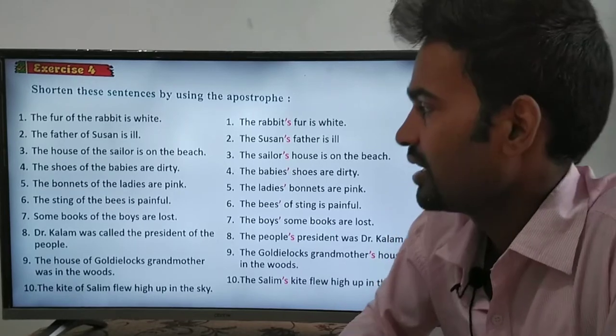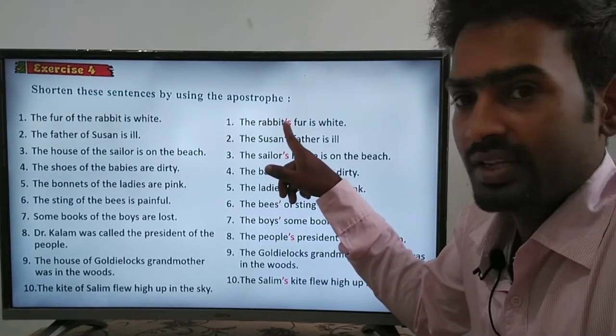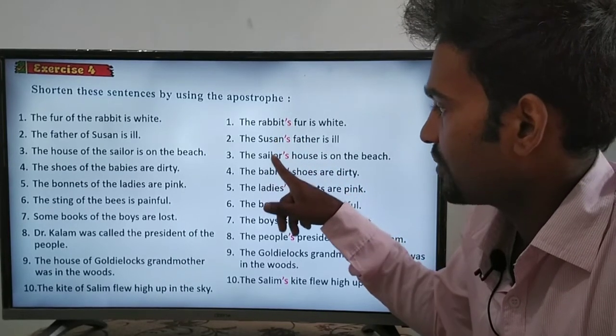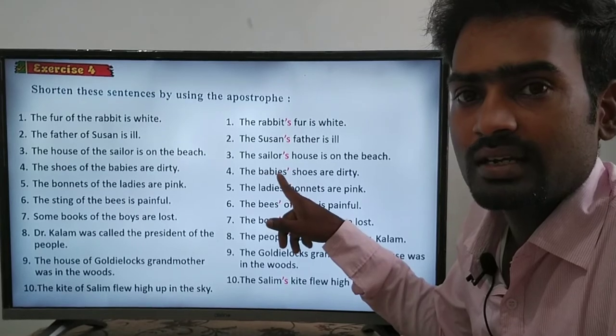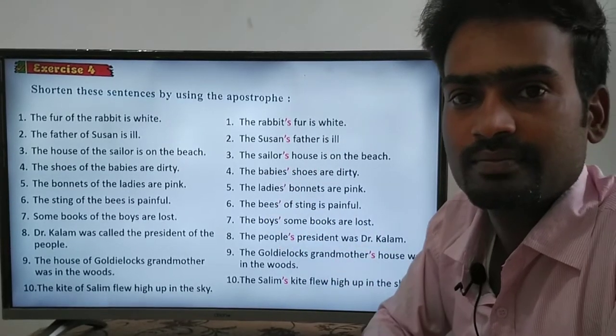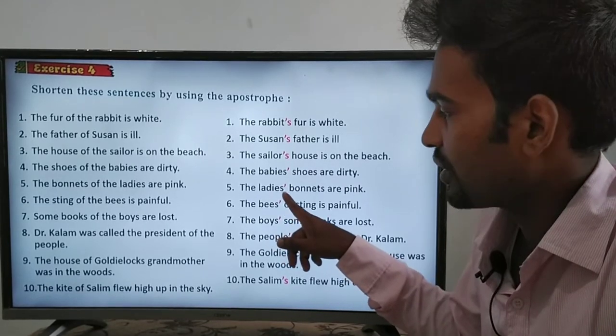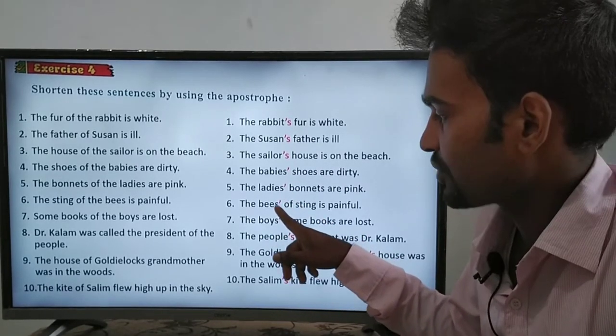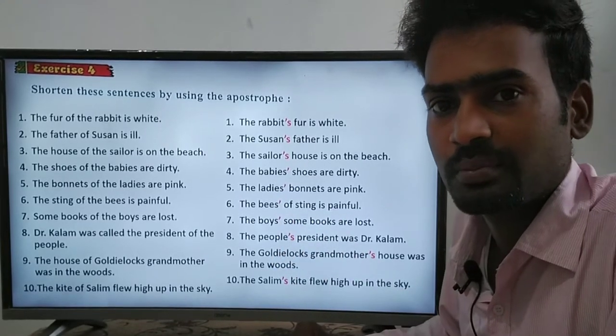Right, dear children? So understand here, for the singular noun we add apostrophe and then s. And when it comes in the plural form we add apostrophe only at the end, right? The same way here is a plural noun, we add apostrophe after the s, and here also it is a plural noun, we add apostrophe after the s.